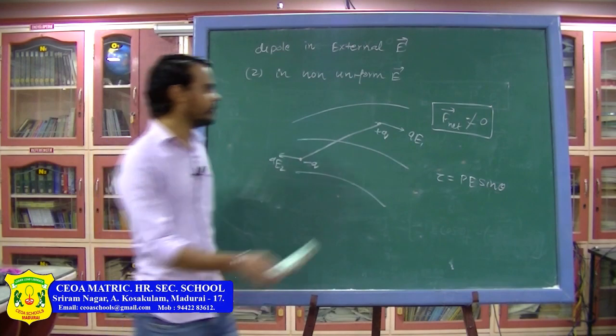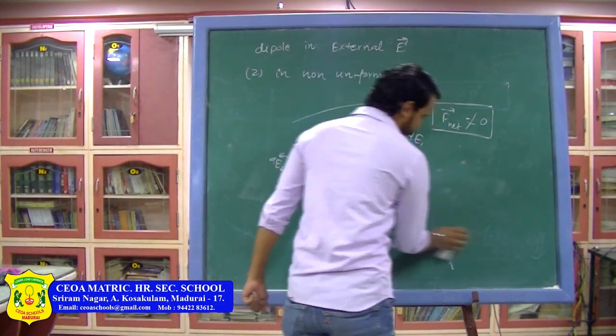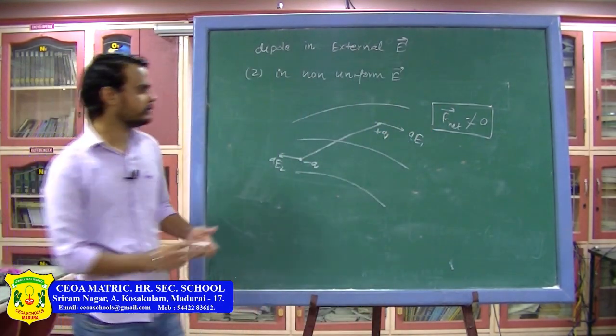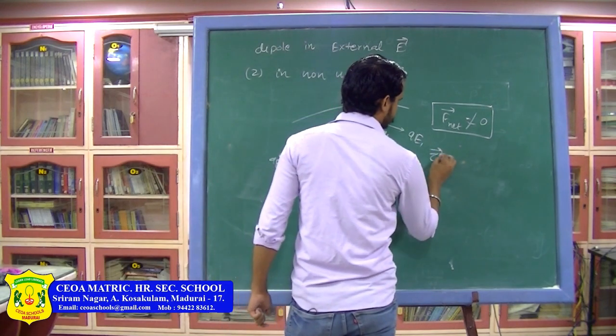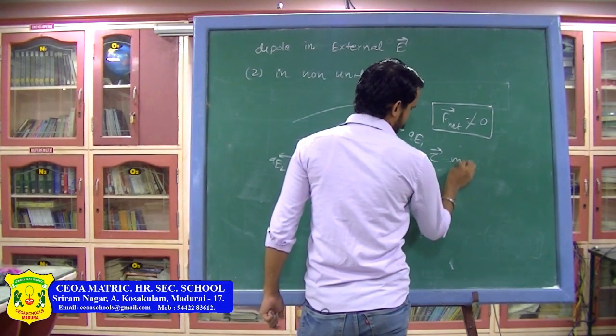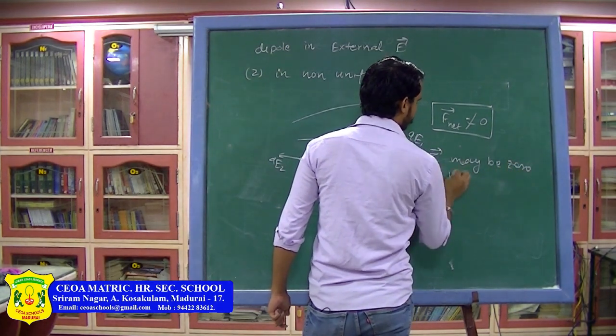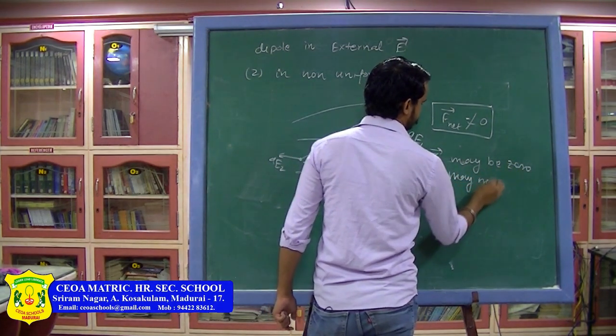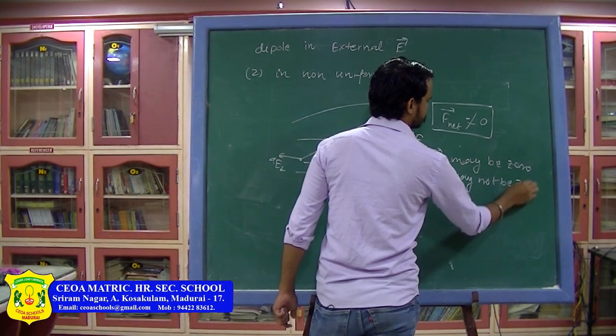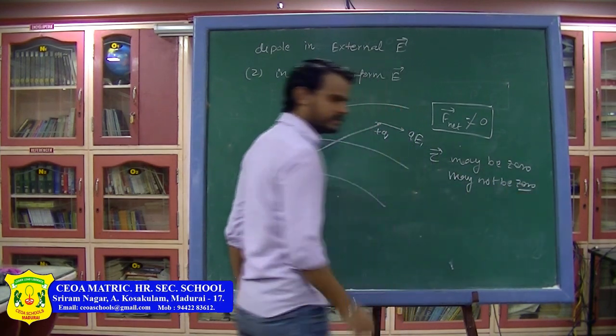So here again you have to just remember the result: what is the net torque. Net torque may be 0, may not be 0. Again, two simple results which you have to memorize.